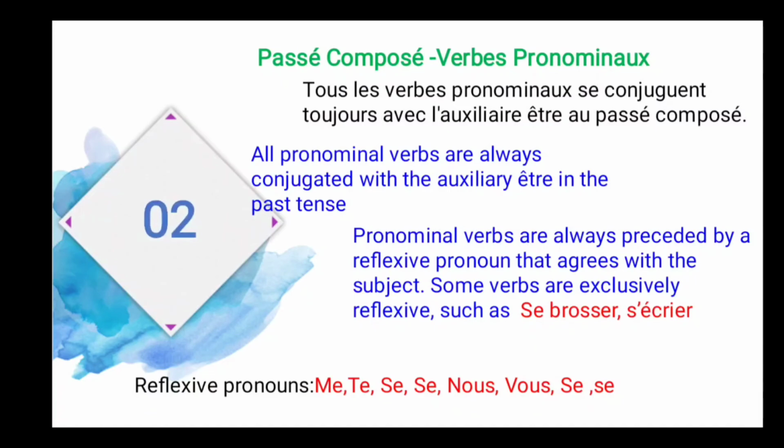Okay, and that agrees with the subject. And next, some verbs are exclusively reflexive, such as se brosser, s'écrire. So the pronominal verb always starts with what? Se. Okay, here are two example verbs. Se brosser means to brush oneself, and s'écrire means to write to oneself.